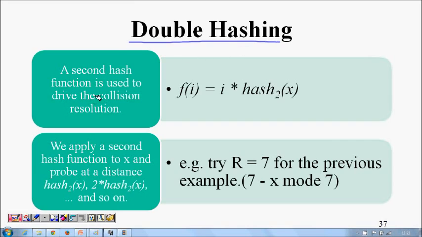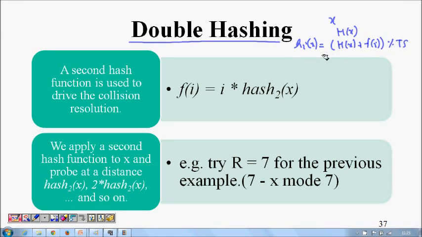Again, the strategy for collision resolution here is that of closed hashing, where if some element x comes and we find that h of x, the cell in the hash table, is already filled, we try out new locations given by h_i(x) = (h(x) + f(i)) modulo table size.